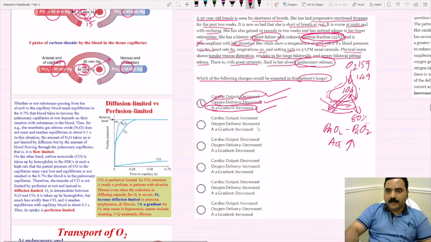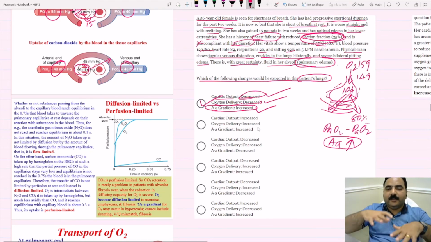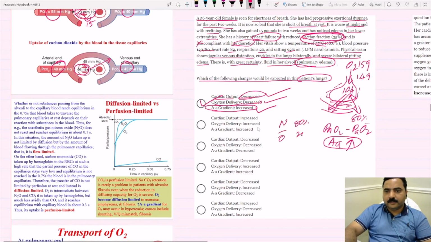The AA gradient will be increased in disease conditions like cardiovascular conditions, and in lung conditions like emphysema, fibrosis, etc. But the AA gradient will not be increased, though the arterial oxygen will be decreased, if you go to high altitude. What happens at high altitude? You remember nitrogen is 80 percent and oxygen is 20 percent.